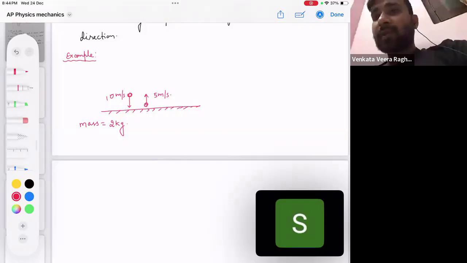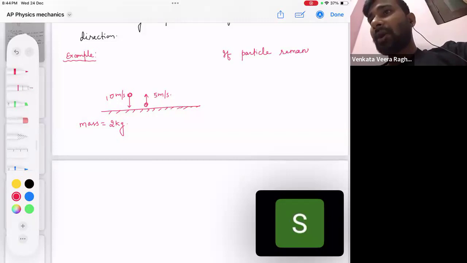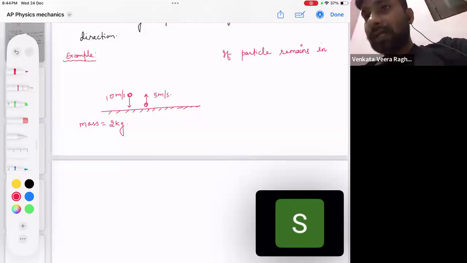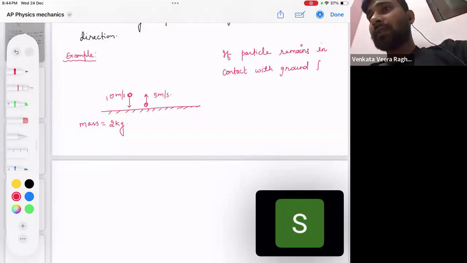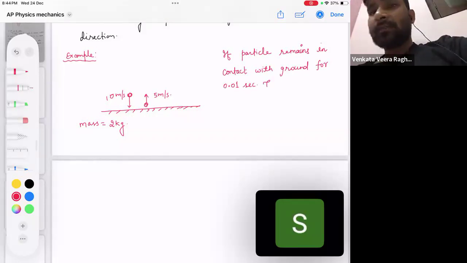Understood? So now they are asking in the question, if the particle remains in contact with the ground for, let's say, 0.01 second, a very small duration, then first, find the impulse due to the floor.